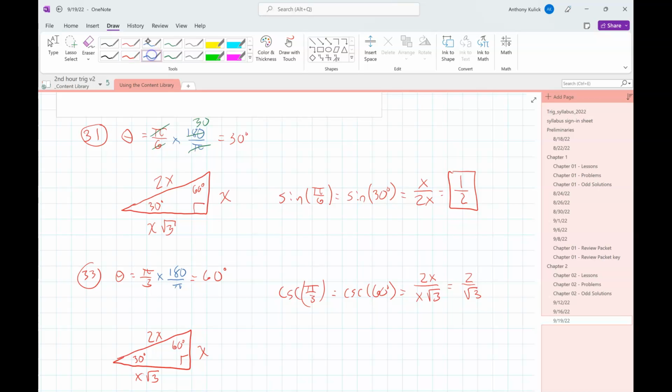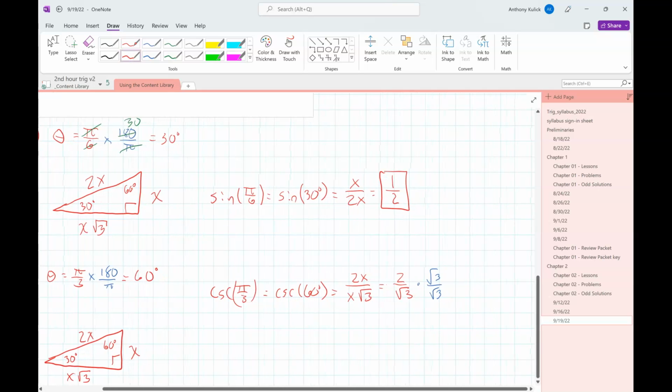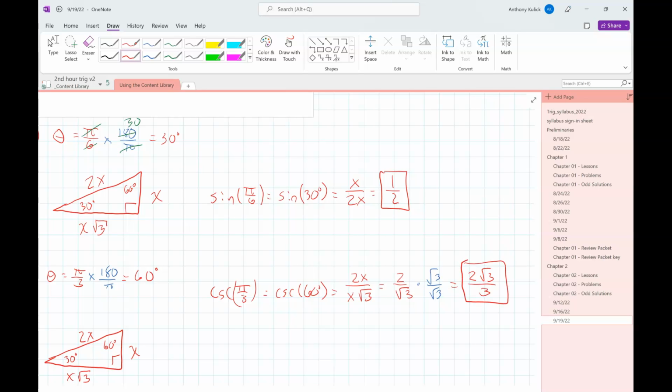And then I would want to rationalize that denominator. So I'll multiply the top and bottom by root 3. To give me 2 root 3 over 3.